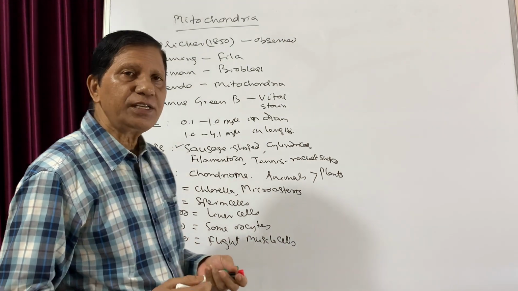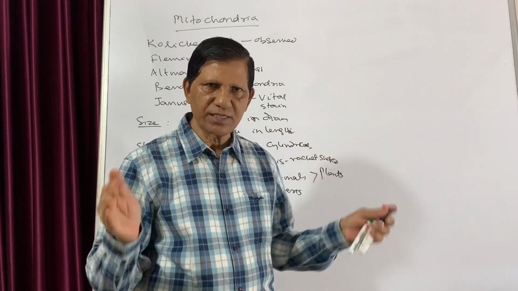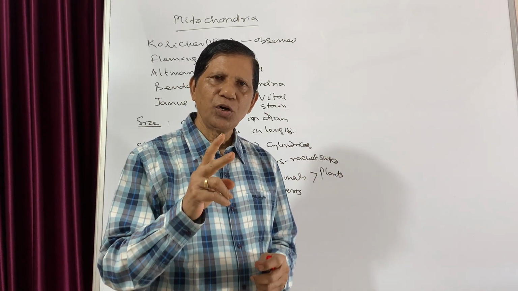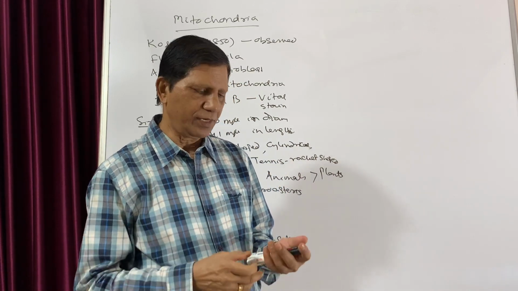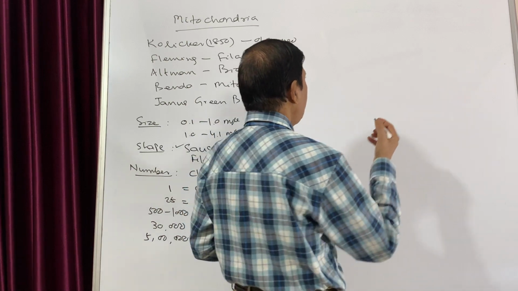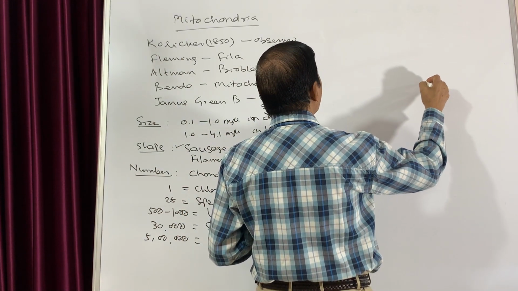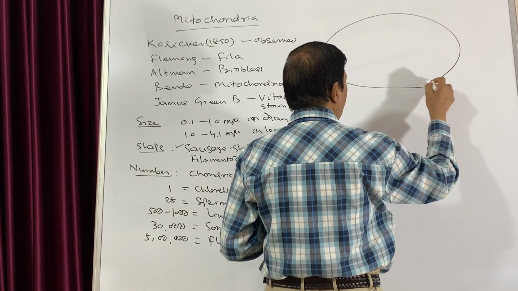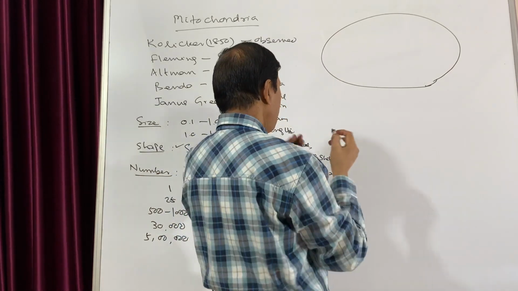Now if we discuss the structure of mitochondria, mitochondria consist of two membranes and two chambers or compartments. There is one outer membrane, which is smooth. We'll discuss one by one.